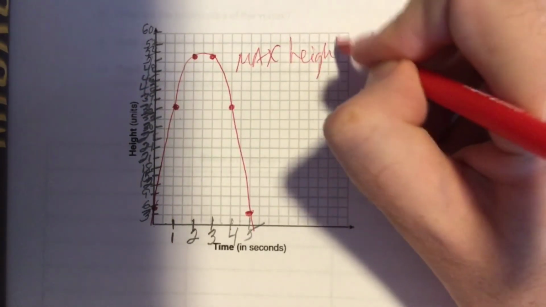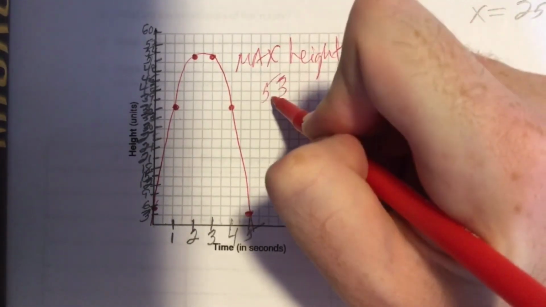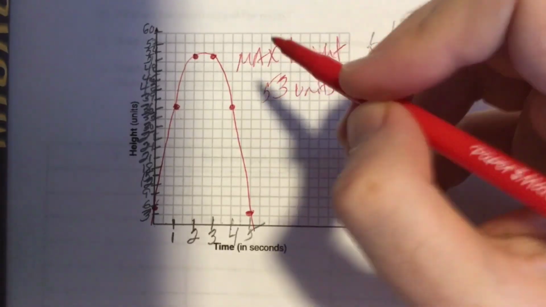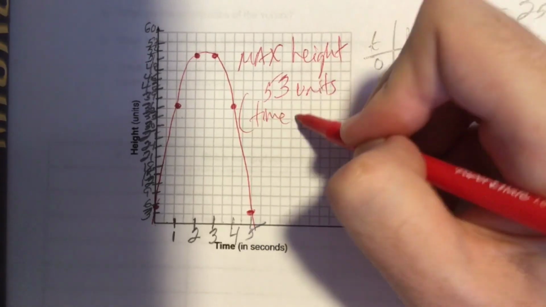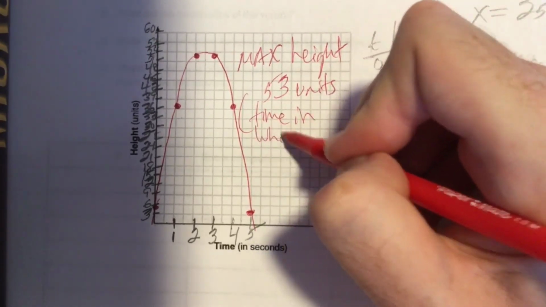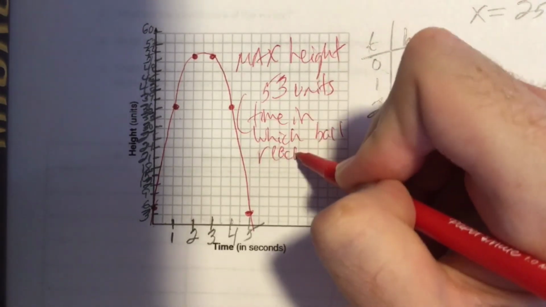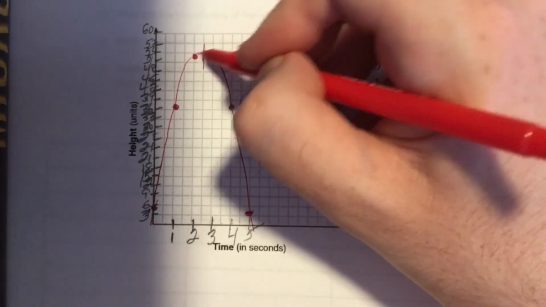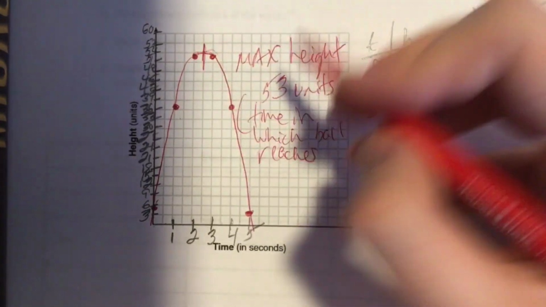And the max height is the highest height of the ball, which is 53 feet, or units in this case. Go by whatever measurement they tell you. And then if we wanted to know the time in which that happens, in this case it's going to be like halfway. The ball stays in that height for a while, so it's going to be the halfway mark, which would be 2.5 seconds.